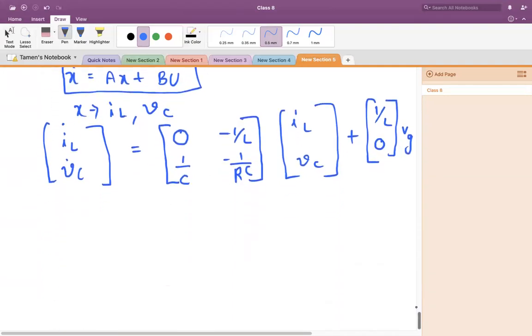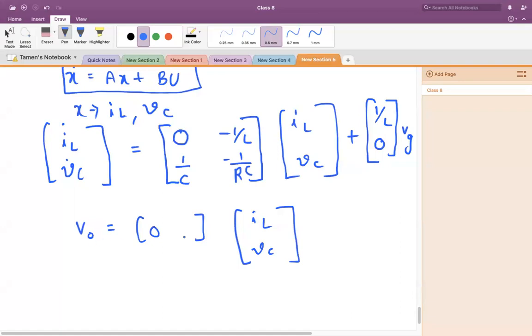Clear? Now, going to the output part, the output voltage V naught, again in terms of IL and VC: in terms of current, it is 0.